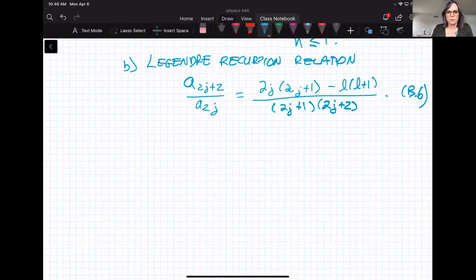And what we're going to do, actually, for the Legendre polynomials, let's identify this as our series. And we're going to let u sub j be equal to a sub 2j.